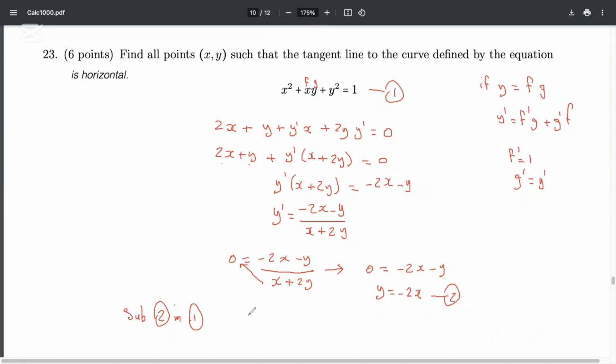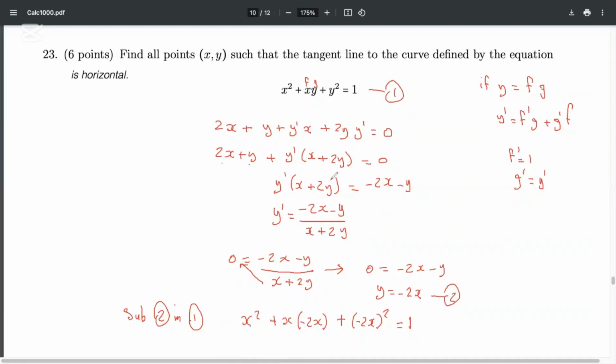And that way I'm going to get x squared plus x times y, which is negative 2x, plus y squared, which is negative 2x, squared equals 1.